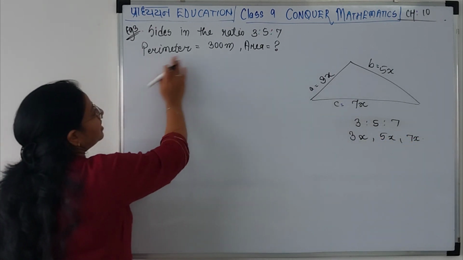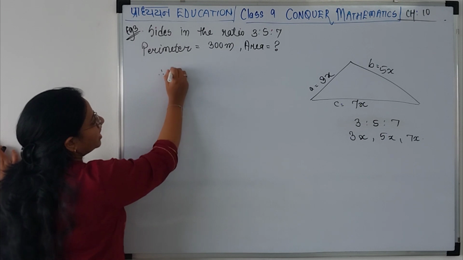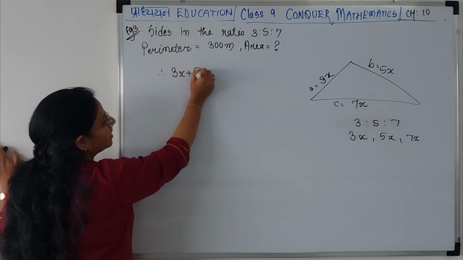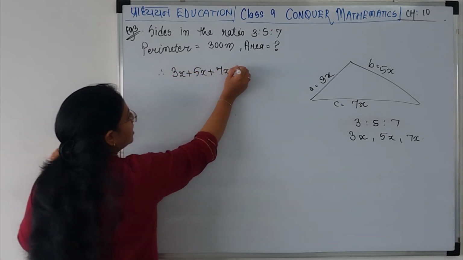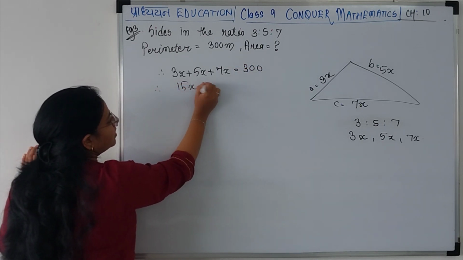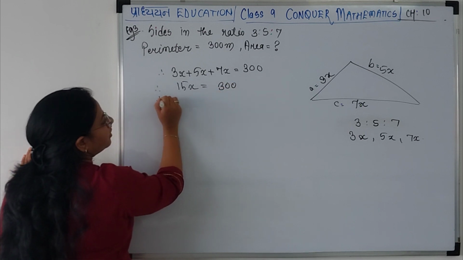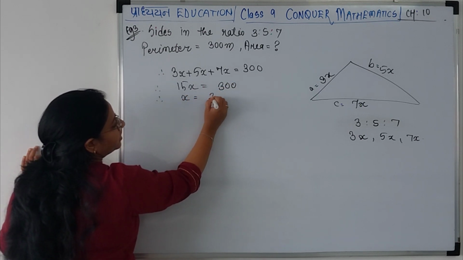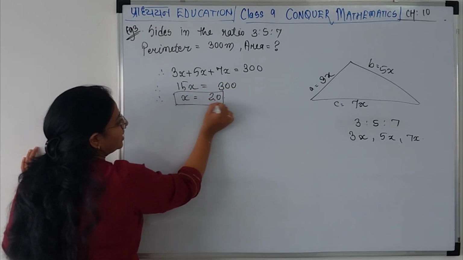So we have perimeter as 300 meters. So can I say that 3x plus 5x plus 7x is 300. This is 15x is equal to 300. Therefore x is equal to 300 by 15, 20. Okay. I get x as 20.